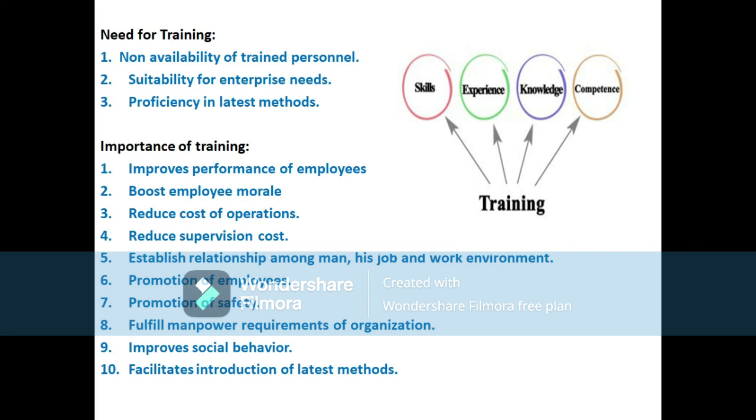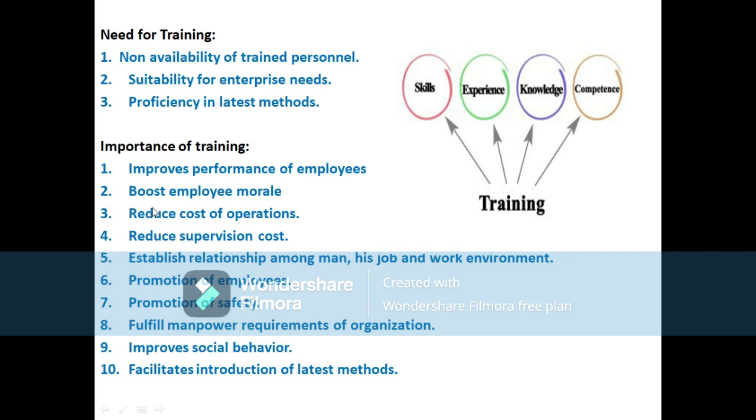In countries with inadequate facilities for vocational education or technical training, employers themselves are required to make arrangements to impart training to untrained workers. So non-availability of trained personnel leads to the need for training.